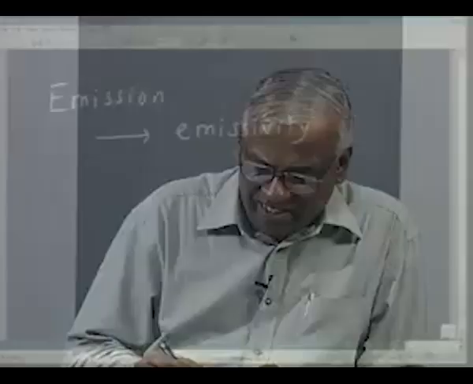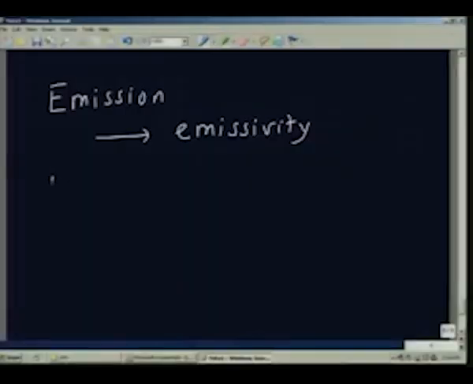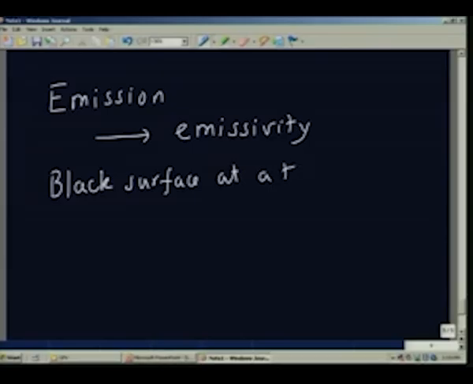One way of doing it is to compare the actual surface to a black surface or a black body. We know from physics that a black body at a temperature T, and I am now looking at only the total radiation coming from the surface, we will look at the monochromatic or spectral values a little later.